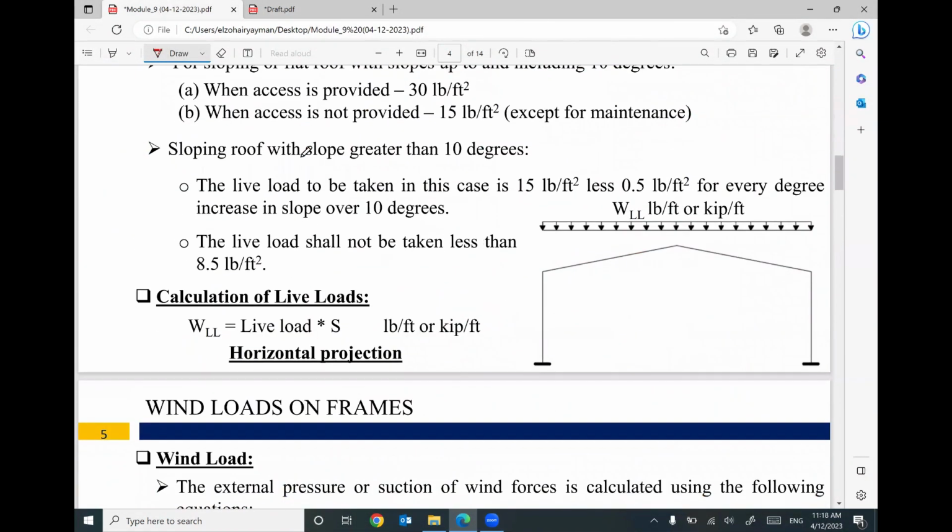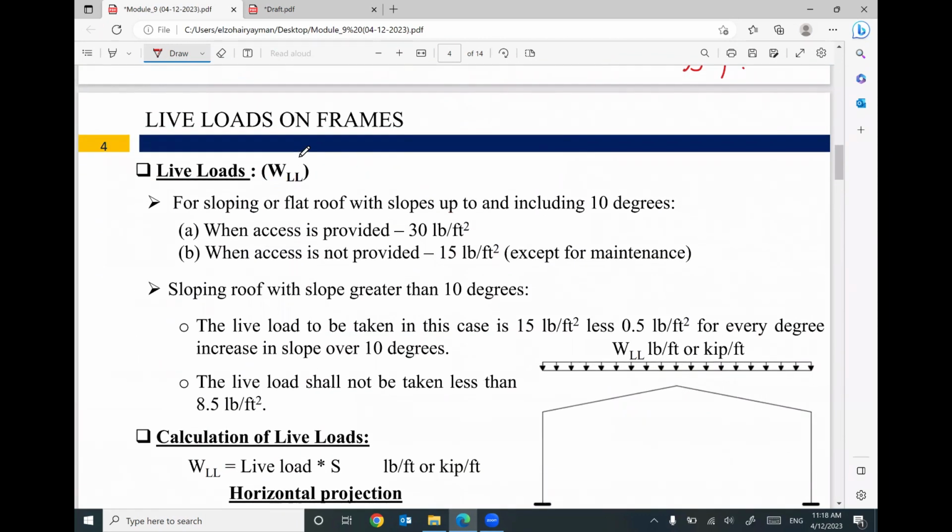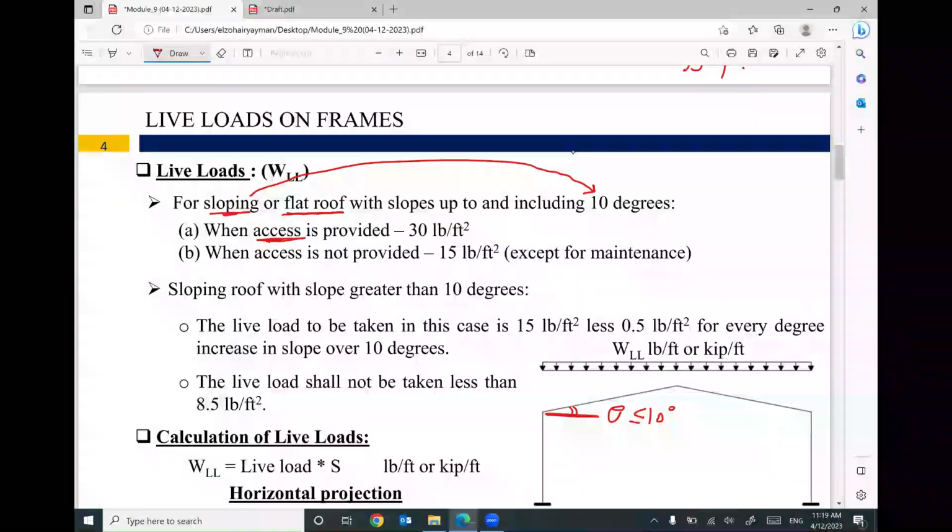For live load, I will not say something new. Everything is the same. If you have flat surface or sloping, and this sloping has an angle of inclination smaller than or equal 10 degree, then if you have access to this roof, the live load equal 30.